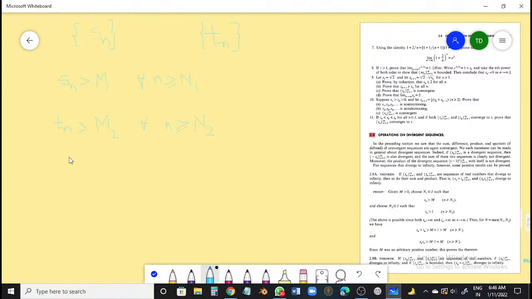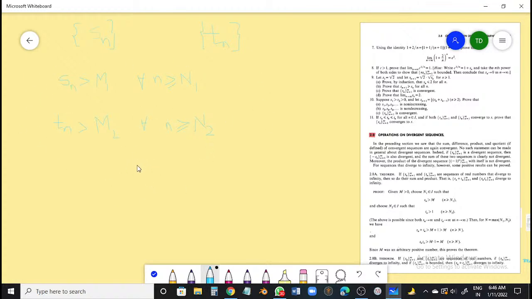So this is the meaning of diverging to infinity. It's obvious that if I take the maximum, both the inequalities can be merged.